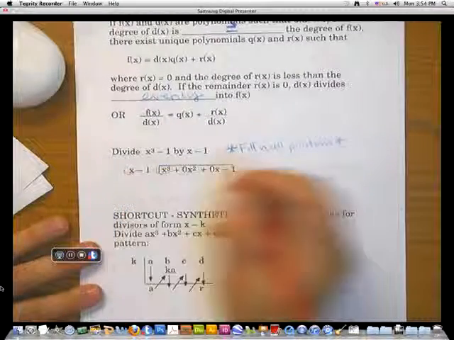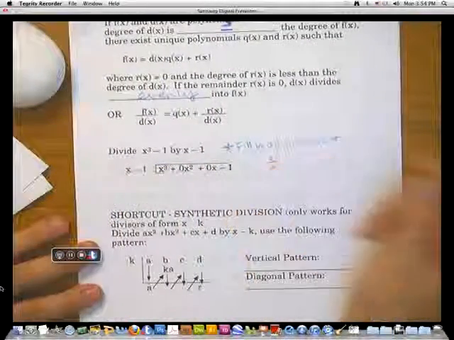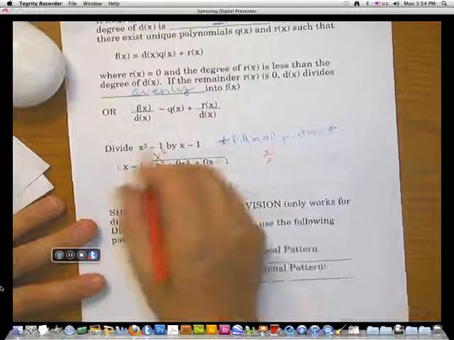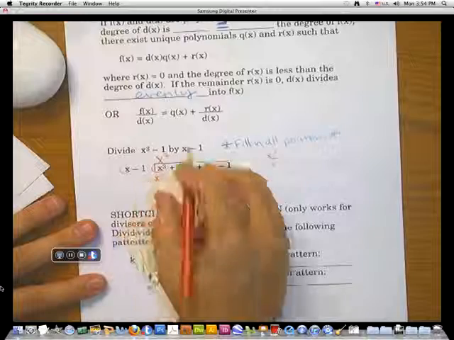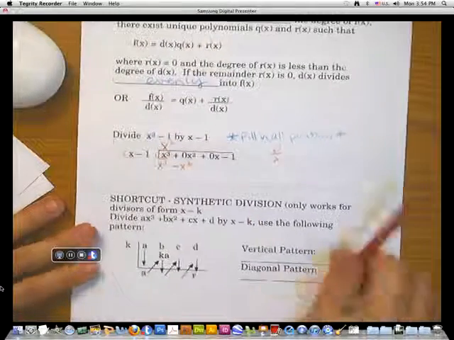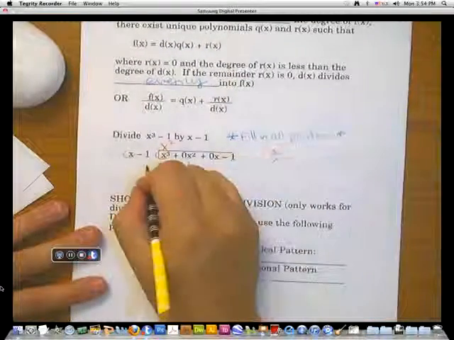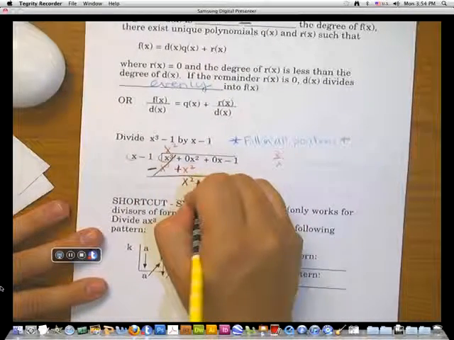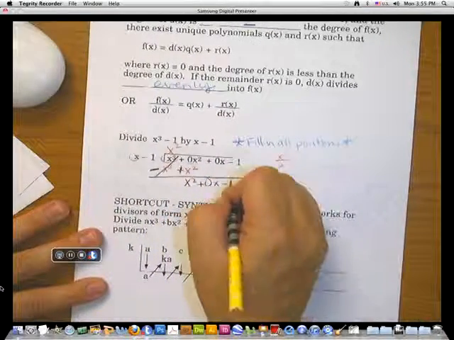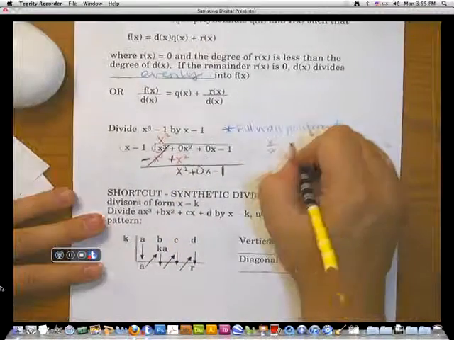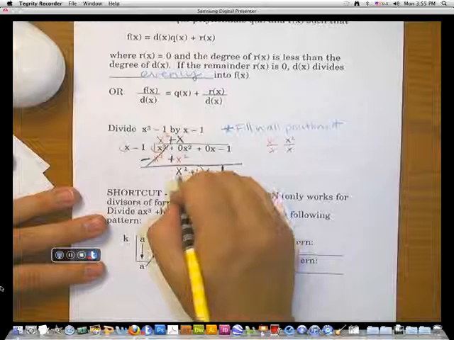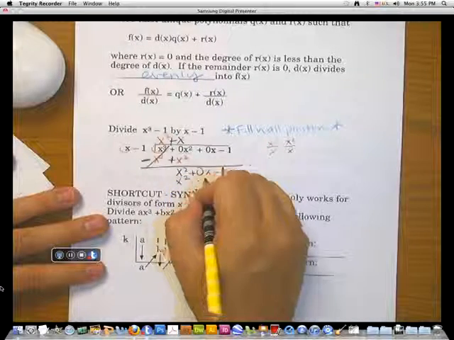Alright, start with the x and the x cubed. x goes into x cubed, x squared times. Multiply around, we get x cubed minus x squared. Subtract means switch your signs. First one goes away and bring everything else down. x squared divided by x, so we get x. Multiply around.